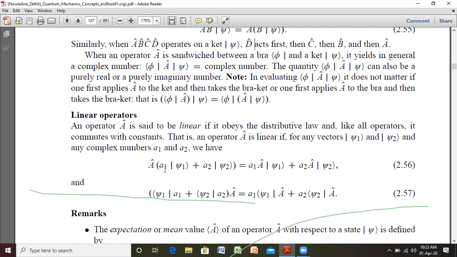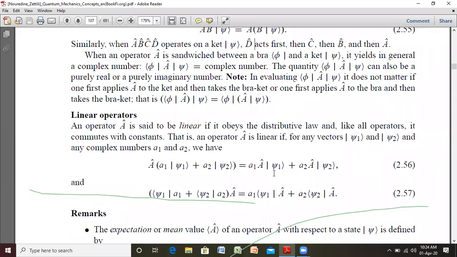So A operates on this psi 1. A1, which is a scalar, will go outside, and this operator A will operate on this ket. And likewise, this operator A operates on A2. This type of operation in which the operator distributes itself into all the terms, these operators are called linear operators.